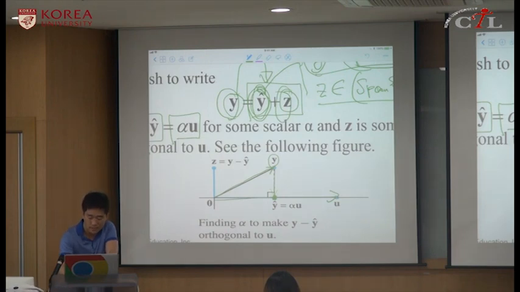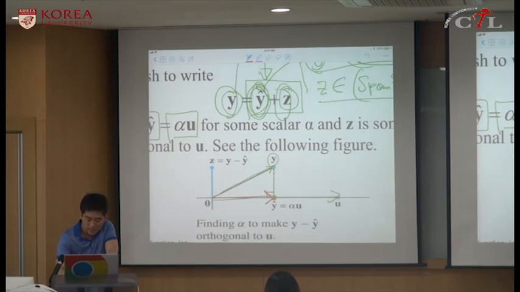In this case, this angle is 90 degrees. We consider this kind of vector, which is of course along the line spanned by u, and this vector is represented as y hat. And what is z? z is y minus y hat.